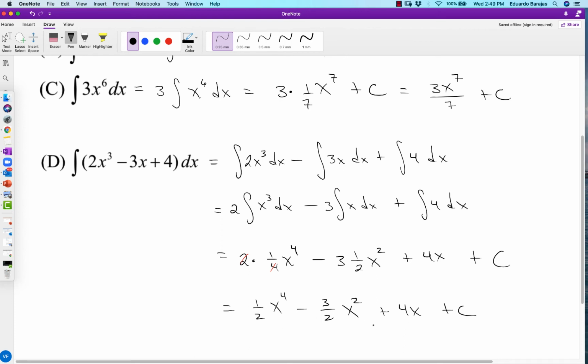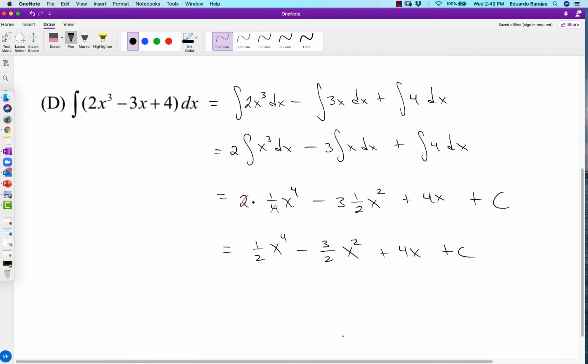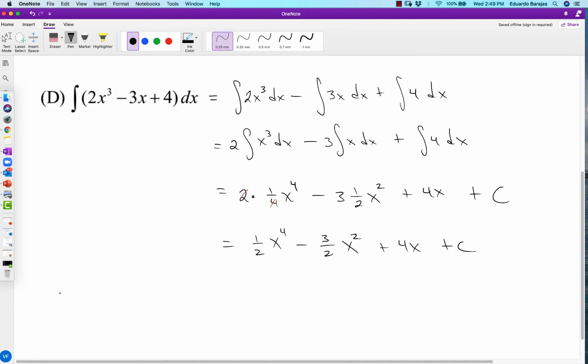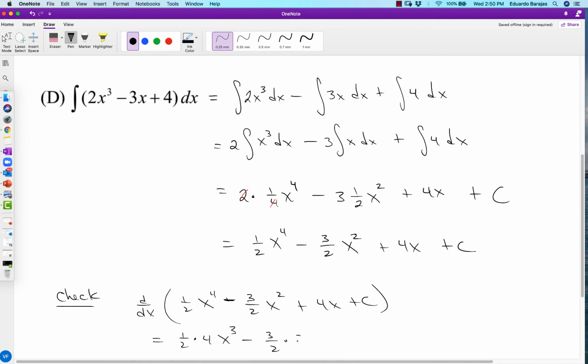Okay, so that's potentially our answer, but let's check it. The derivative with respect to x of 1/2 x to the 4th minus 3/2 x to the 2nd plus 4x plus some constant c. This derivative will be 1/2 times 4 x to the 3rd minus 3/2 times 2 x to the 1st power plus 4 plus 0.